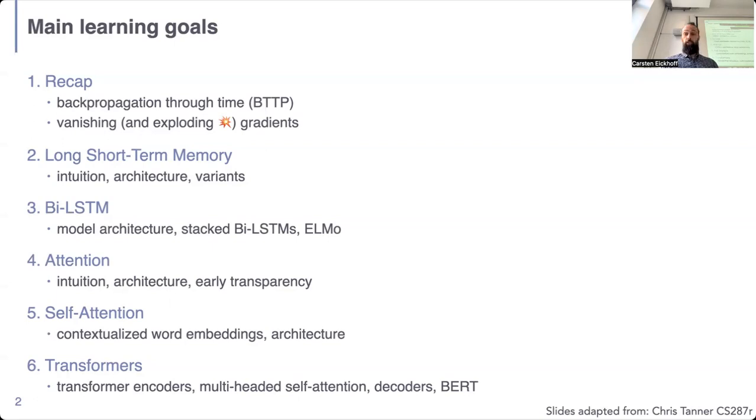We'll look at a particularly interesting flavor of attention called self-attention, which gives us the foundation for transformer models that are so powerful nowadays. And then finally, we'll look into transformers themselves, right? So the architecture that pretty much governs the state of the art of a lot of these problems at the moment.